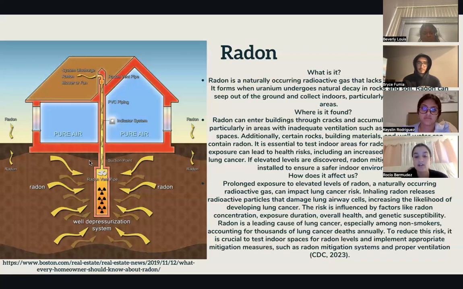Radon is a leading cause of lung cancer, especially among non-smokers, accounting for thousands of lung cancer deaths annually. To reduce this risk, it is crucial to test indoor spaces for radon levels and implement appropriate mitigation measures such as radon mitigation systems and proper ventilation.